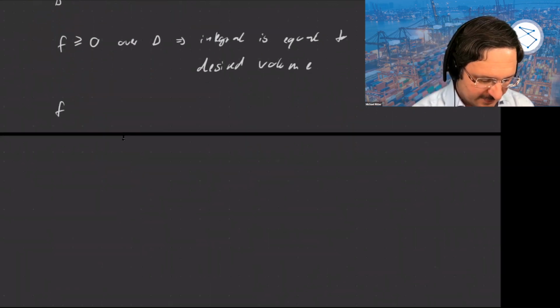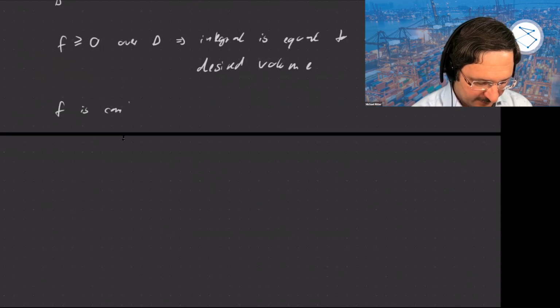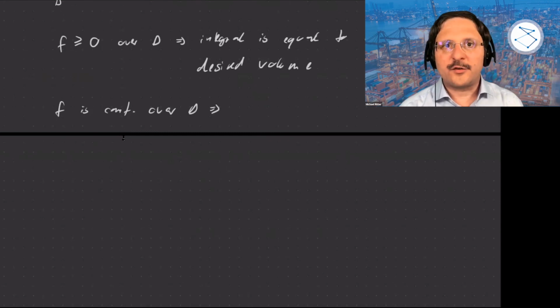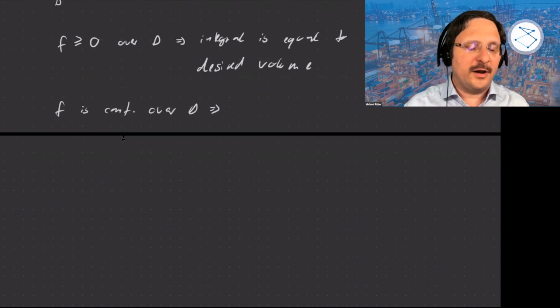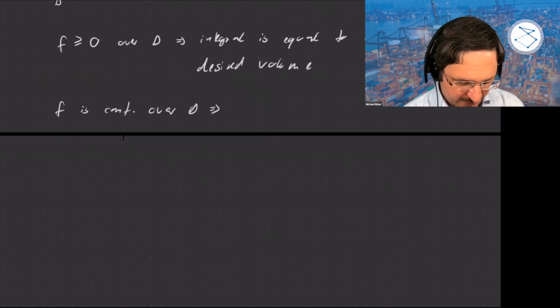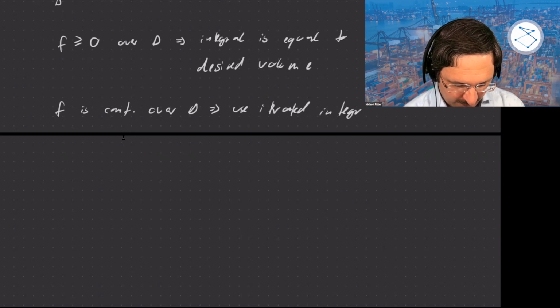And second, f is continuous over D. That means the integral exists and we can compute it using iterated integration. And also the order does not matter.